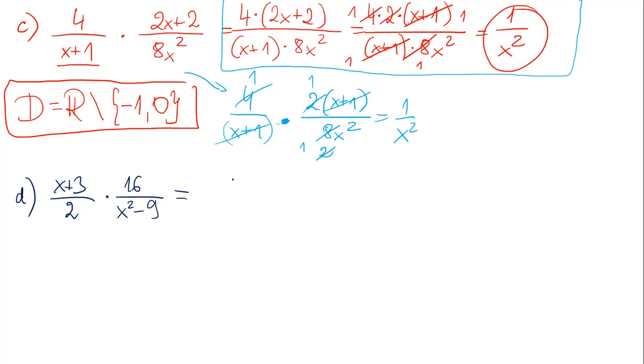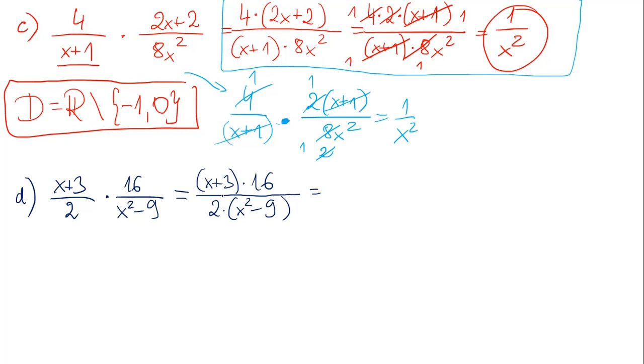Okay, so let's multiply those fractions and let's have one big fraction. So we have x plus 3 times 16, and in the bottom we have 2 times x squared minus 9. Alright, so now we have one fraction, and all we need to do is see if we can cancel down some polynomials or some numbers.